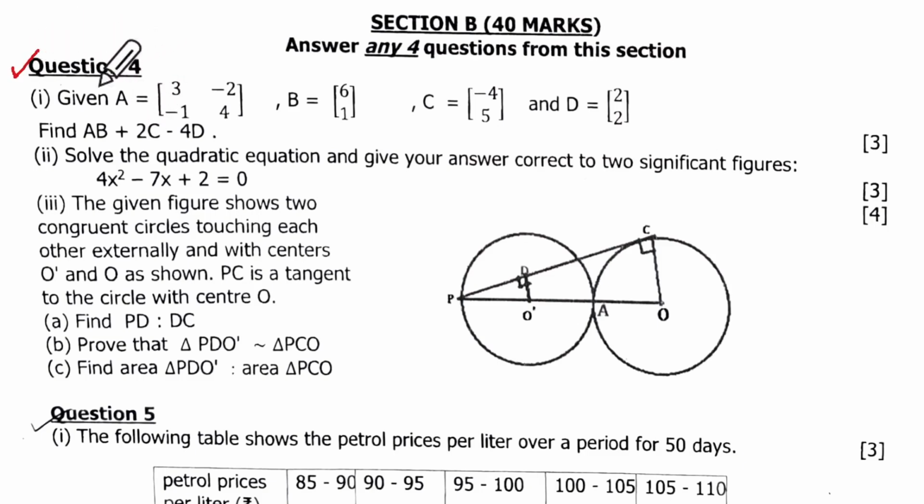So for example, question A, the first one is giving you 2 by 2 matrix, and this is 2 by 1 matrix. This is 2 by 1, this is 2 by 1 matrix, correct?